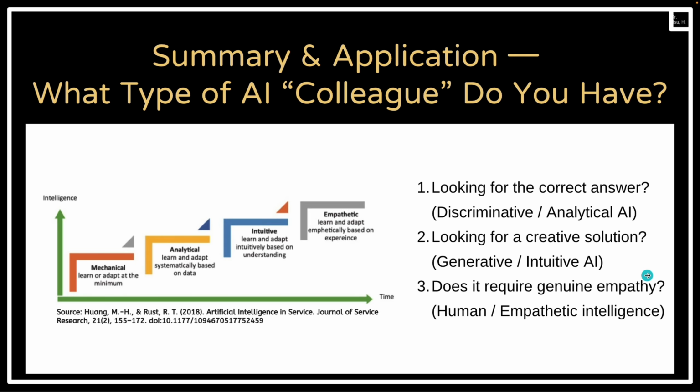If the task requires genuine empathy, then human intelligence still remains essential. So the point of this lesson is not only to memorize categories, it is to learn how to look at the task, diagnose its intelligence requirements, and match it with the right type of AI support.